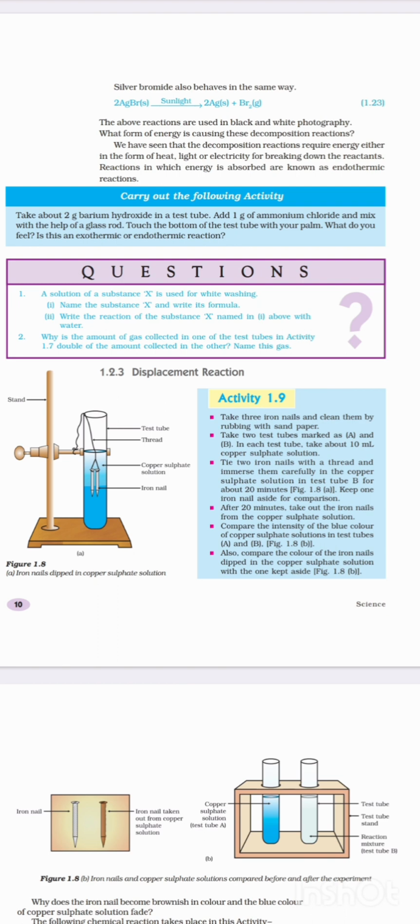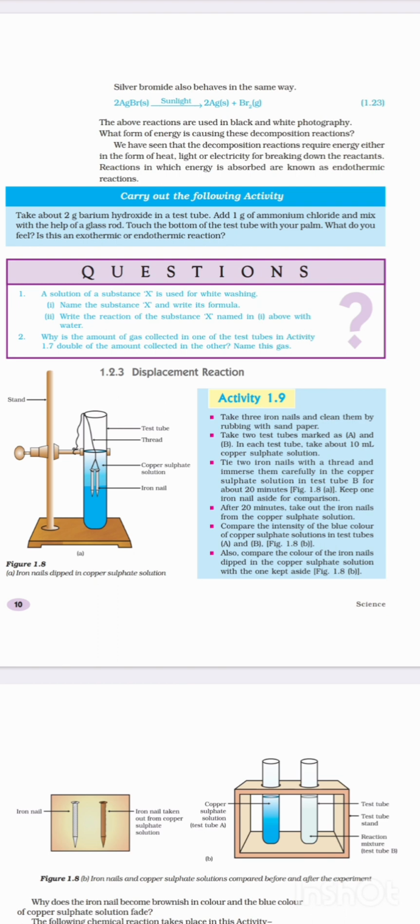So iron will displace copper from copper sulfate solution and form iron sulfate, ferrous sulfate. According to the electrochemical series, iron is more reactive than copper. Hence, in copper sulfate solution, iron will displace copper, and ferrous sulfate will be formed, and copper will be released.